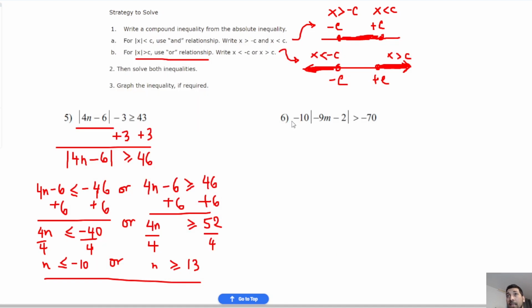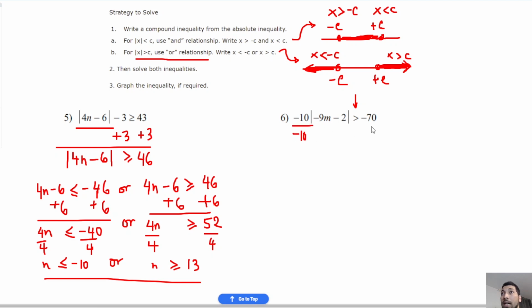Now let's try number 6 here. In this problem, again, we see that there is a greater than symbol. So we may assume that this is an OR relationship, but wait a minute, we see that this absolute value quantity is not in isolated form. So to isolate this, I need to divide both by negative 10.